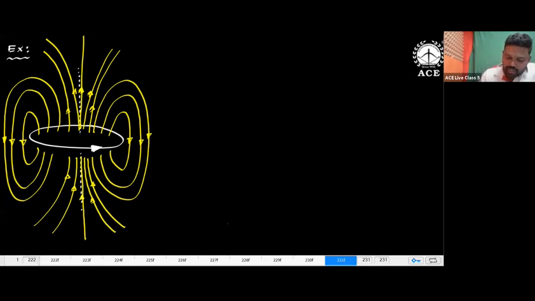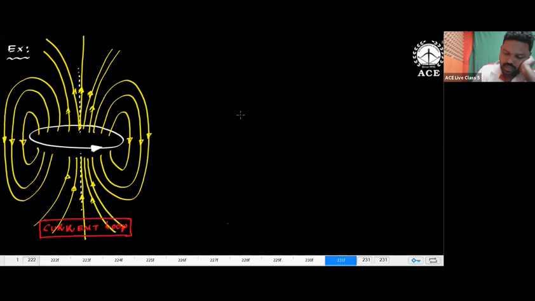So what is this one? It is the magnetic field due to the current loop. Similarly, if you consider a permanent magnet, beta, what does a permanent magnet look like?